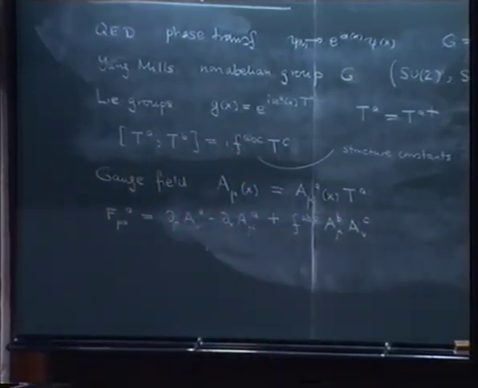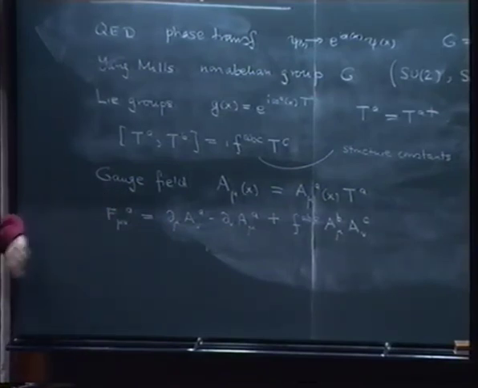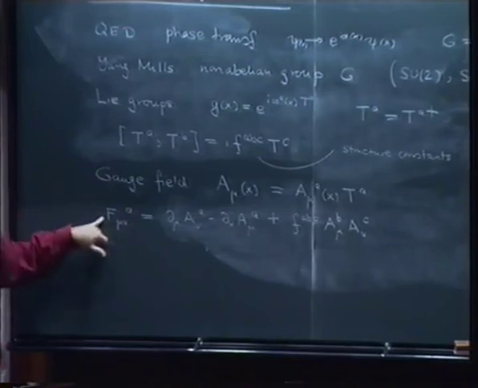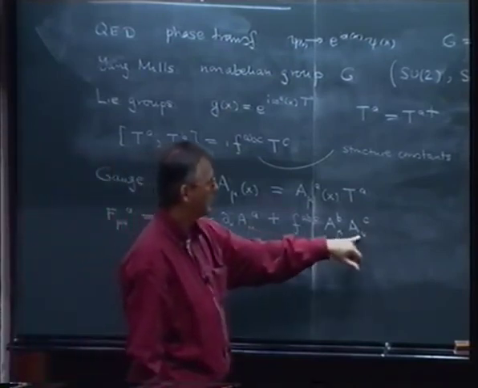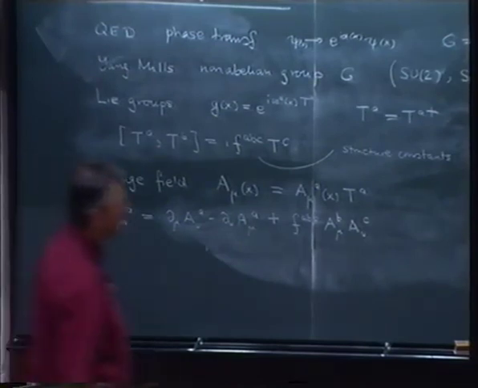And then this object again will transform in a nice way, as one says covariantly, and these extra terms here are needed in order to get this covariant transformation law. So this is the non-abelian field strength.